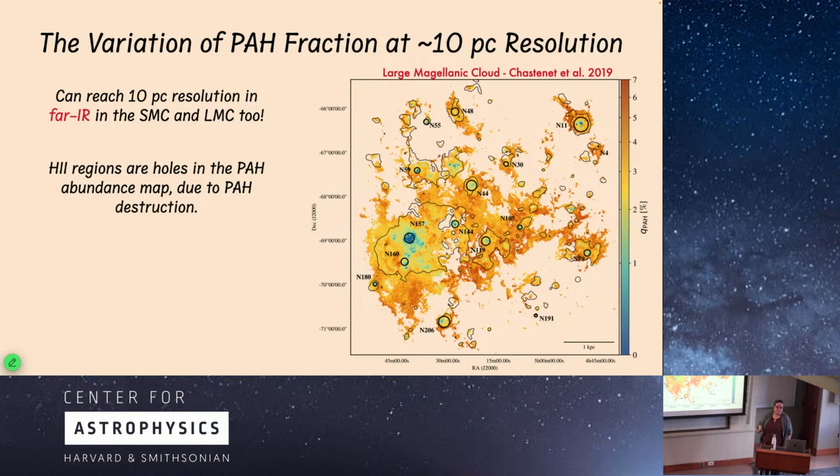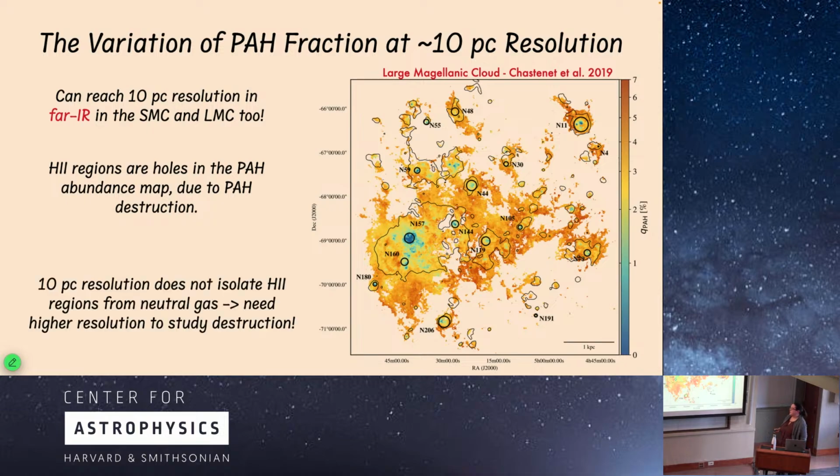This is a 10 parsec resolution map in the LMC. We still have some regions at this resolution where we're capturing the surrounding neutral gas, so it's perhaps not completely clear of PAHs in these spots.